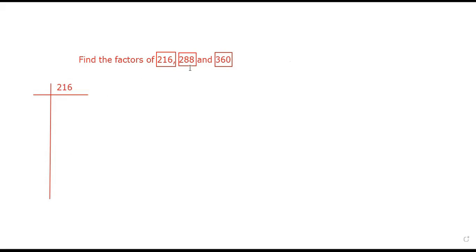Okay, I'm going to do another one here, and another one here, and I'm going to write 288. I'm also going to do another one here. Now, please just watch what I am doing. Watch carefully so you can learn how to do it.